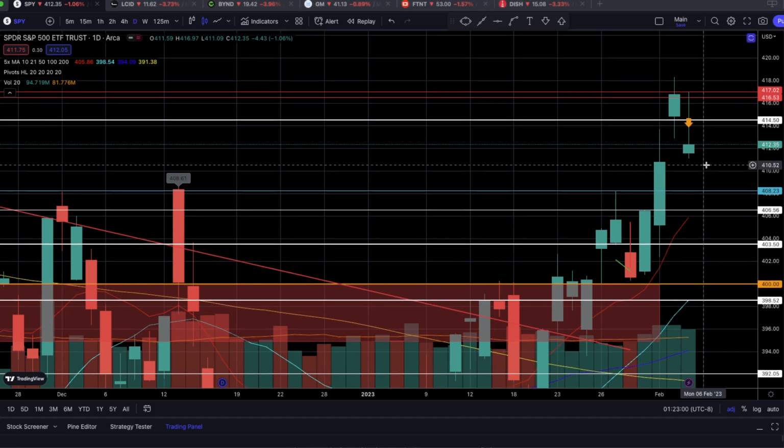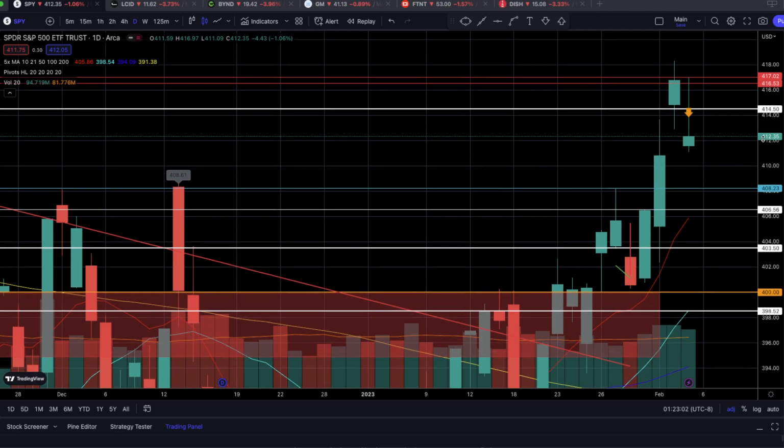So SPY last Friday, we ended up with an inverted hammer candlestick on the daily time frame, and this inverted hammer has a very nasty top wick or top shadow, and this indicates that there are a lot of sellers, and inherently an inverted hammer candlestick is very bearish.